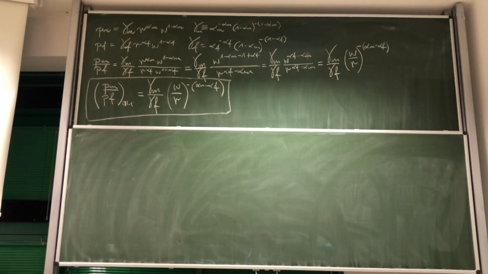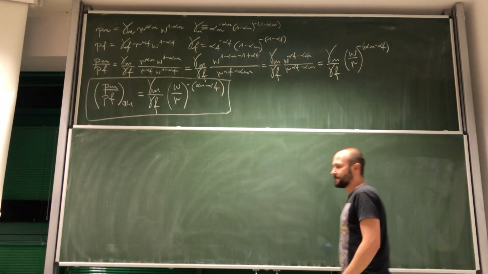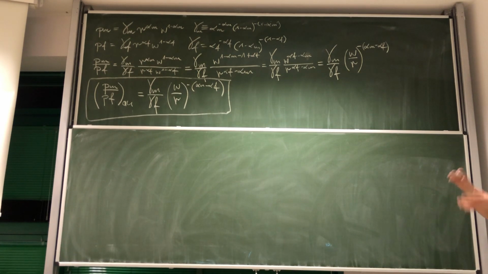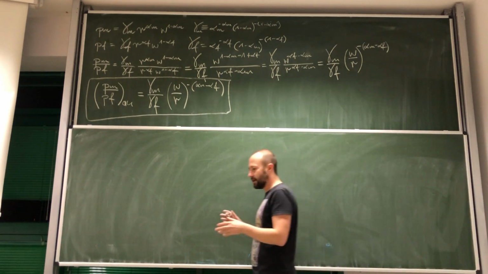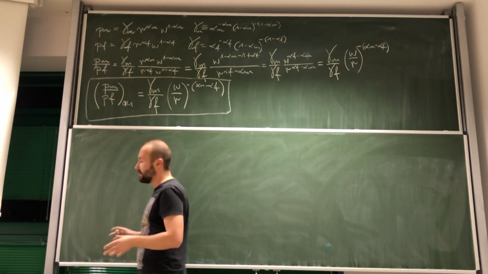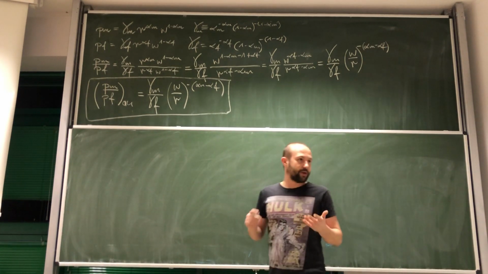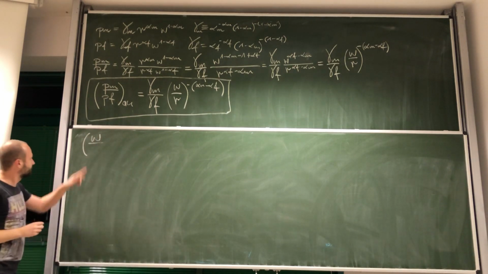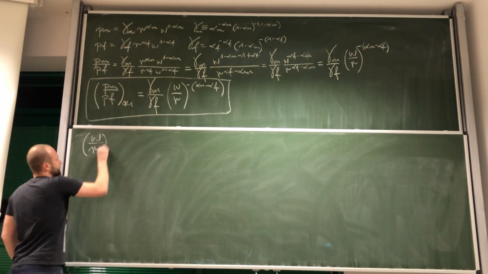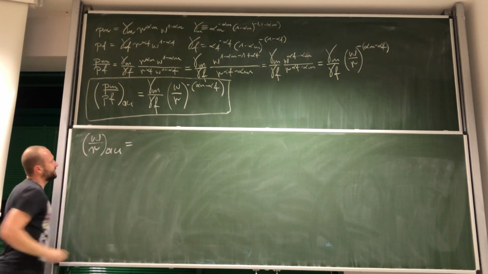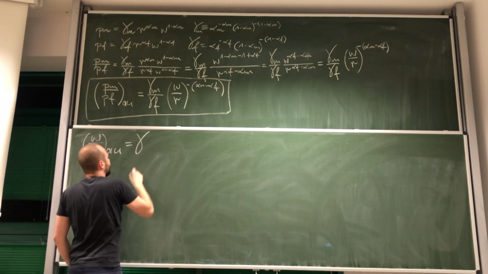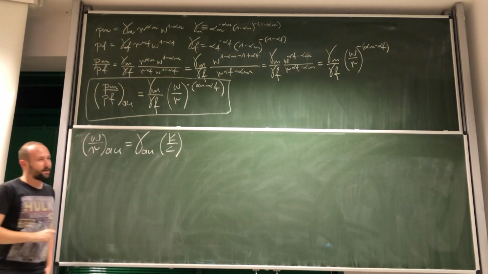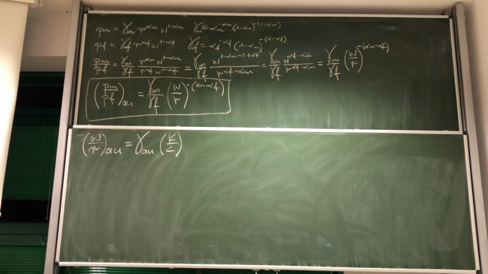Look, if I take demand for manufacturers in this economy and equalize it with supply of manufacturers, this is what I'm going to get: wage over rent in autarky is equal to gamma in autarky times capital to labor ratio.